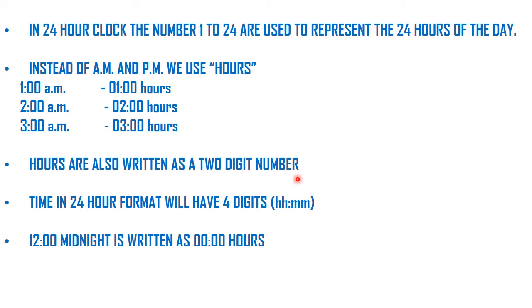This means that the time in 24-hour format will have 4 digits: 2 digits for hours and 2 digits for minutes. So, when the new day begins at 12 midnight, the time will be written as 0000 hours.